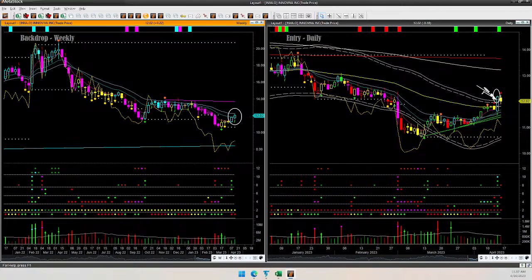And notice it is hitting the upper boundary, but that is allowed for a flow long setup provided the stock was in a downtrend, and just now it is starting to move up.